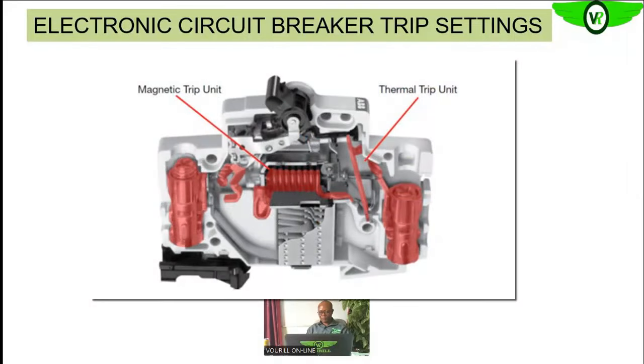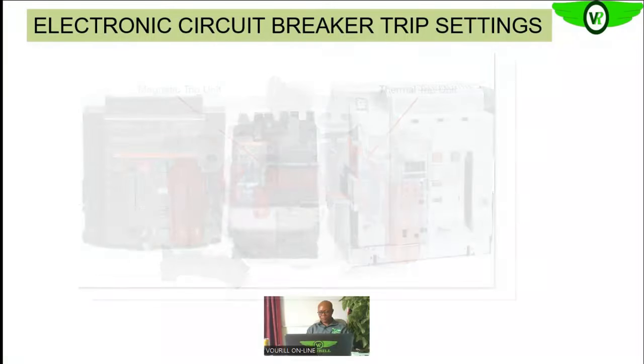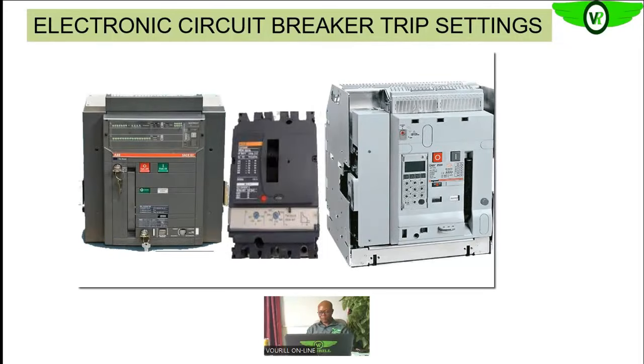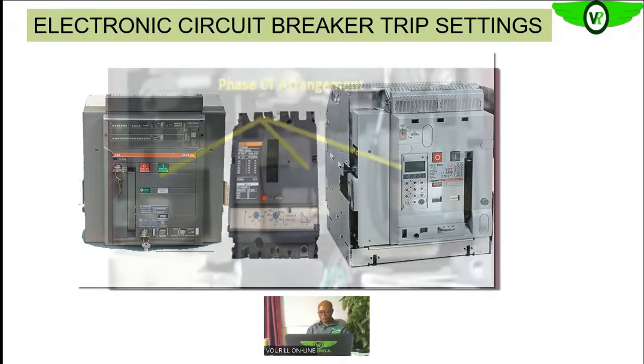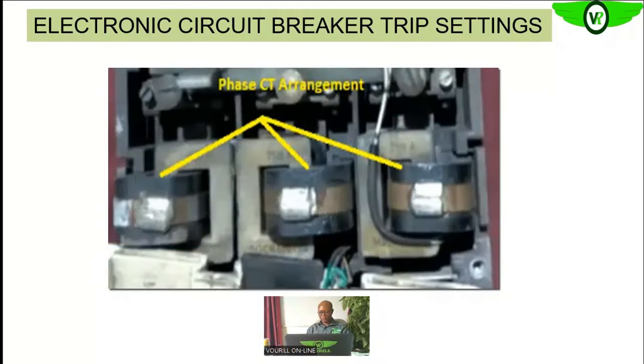Know that in the thermal-magnetic circuit breaker, we have the thermal element and the magnetic element. But the electronic circuit breaker is microprocessor based, okay? Which means that the overload section and the instantaneous trip section are controlled by this microprocessor.